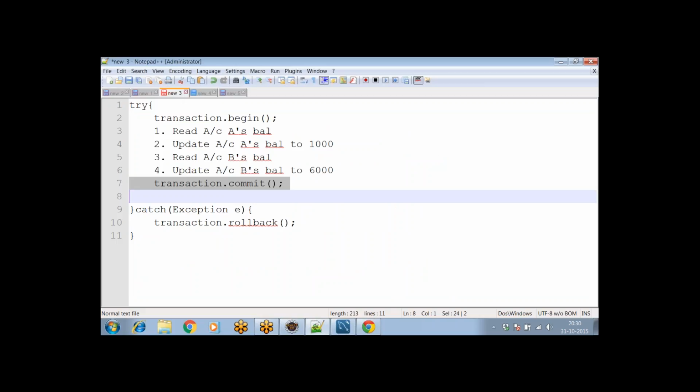We call this commit method of the transaction. So it will make sure that all the changes which have been done are permanently written to the file.